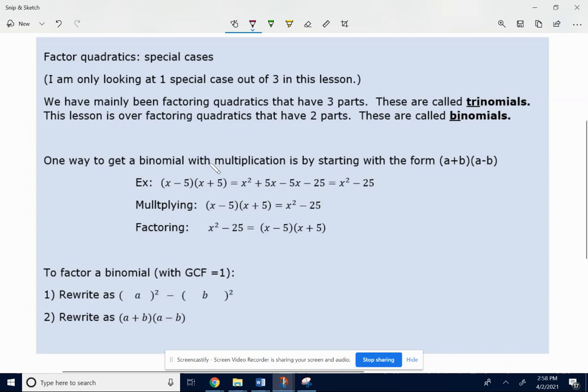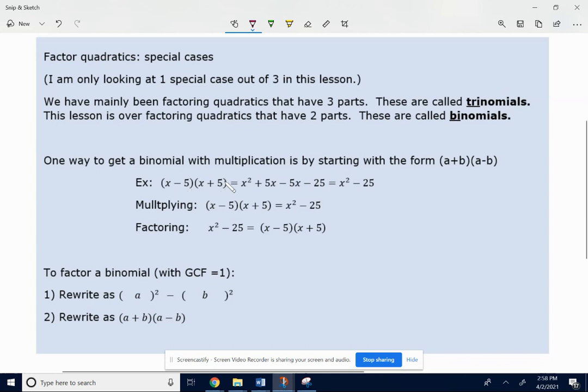But when you multiply something like x minus 5, x plus 5, using the FOIL method, the middle term will go away. When you multiply the first terms, x times x is x squared. The outside, positive 5 times x is positive 5x. The inside is negative 5 times x, which is negative 5x.